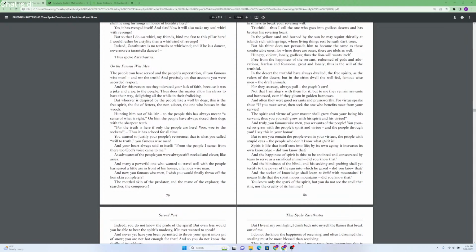Did you know that? And the blindness of the blind and his seeking and probing shall yet testify to the power of the sun into which he gazed. Did you know that? And the seeker of knowledge shall learn to build with mountains. It means little that the spirit moves mountains. Did you know that?